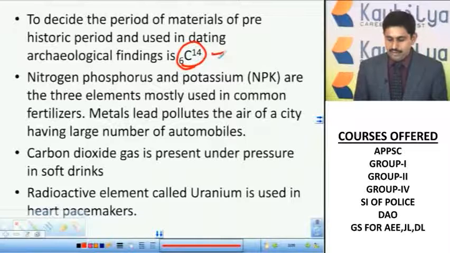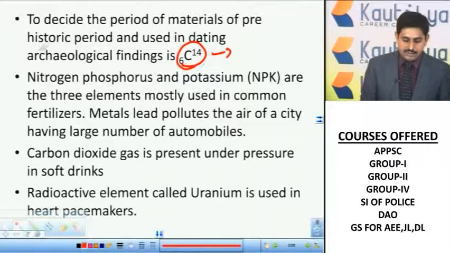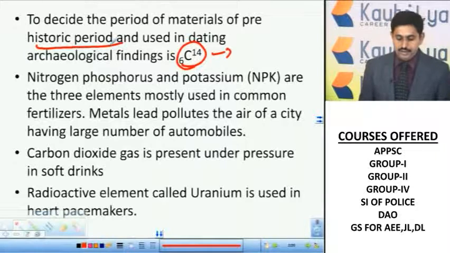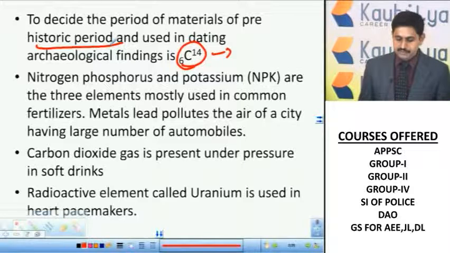This is called a radioisotope. It is useful for determining the age of a historical object. For example, if you want to determine the age of dinosaurs, or the age of a particular plant species, we use the carbon dating process.